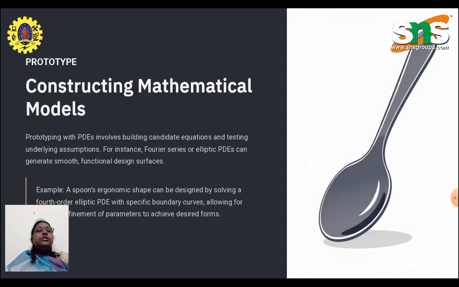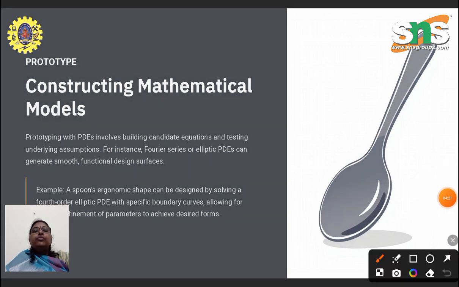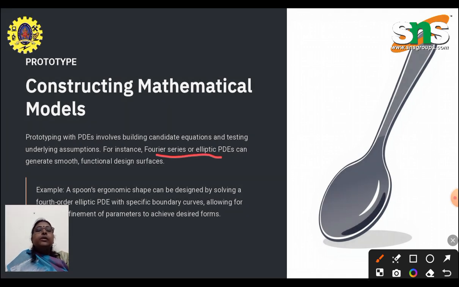The next stage is prototype, which is the execution stage, where we are testing. For instance, Fourier series or elliptic PDEs can generate smooth functional design surfaces. For example, take a spoon. The shape of the spoon is designed by solving a 4th order elliptic PDE with specific boundary curves.